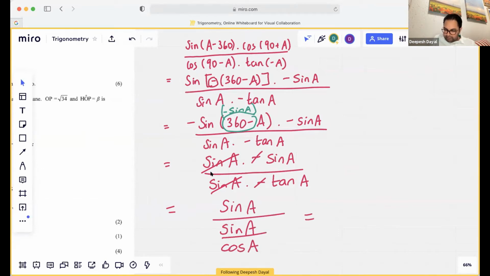Which will then become sine A times cos A over sine A. Yeah, times cos A over sine A. And why is that? Because it is the reciprocal, times. So the final answer will then be cos A.